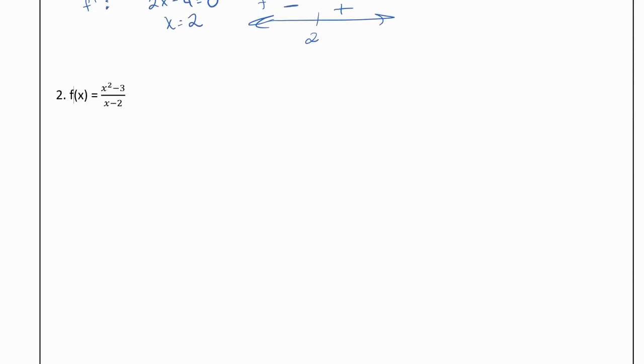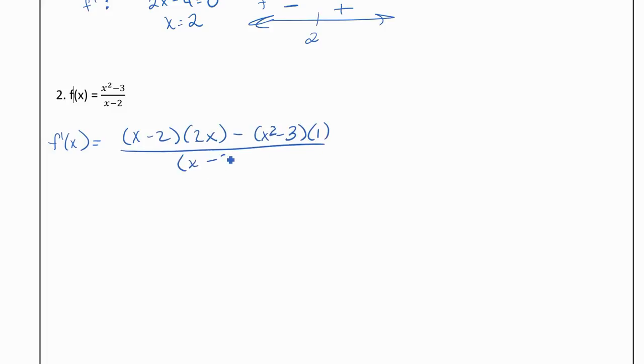Here we have f of x equals x squared minus 3 over x minus 2. So to do our derivative, we're going to have to do the quotient rule. So low d high minus high d low all over low squared.